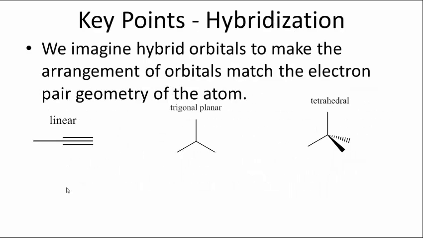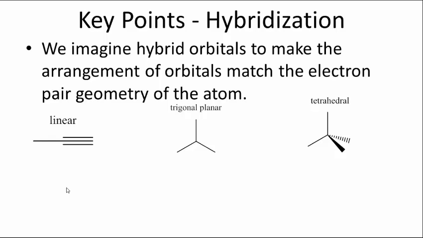So as far as hybridization, we start out with these atomic orbitals called s orbitals and p orbitals. In this class, we'll never deal with d orbitals or f orbitals. So if you've learned about d or f orbitals in the past, great, but you don't need that knowledge at all.